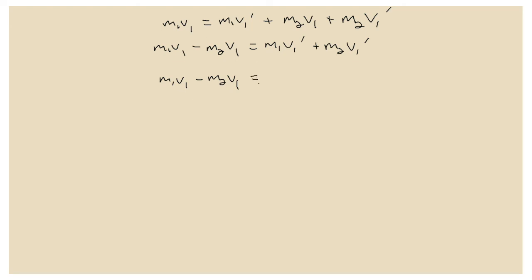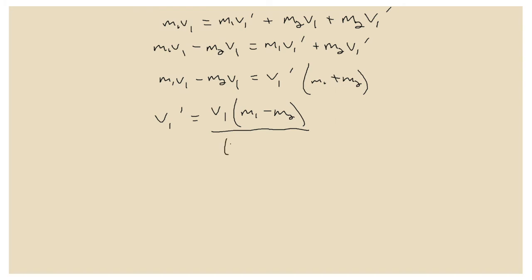I'll do that on the next line. And then I have a v1 prime times m1 plus m2. And so to solve this for v1 prime, I'm going to factor out that v1 here. So I have v1 times m1 minus m2, and then that's over just this sum of the masses here, m1 plus m2.